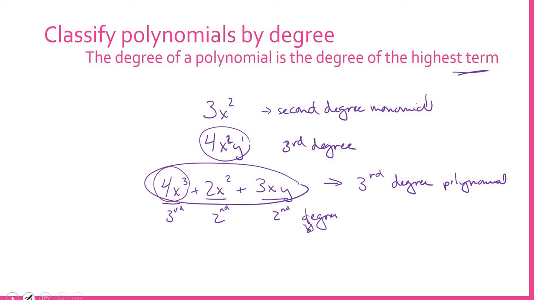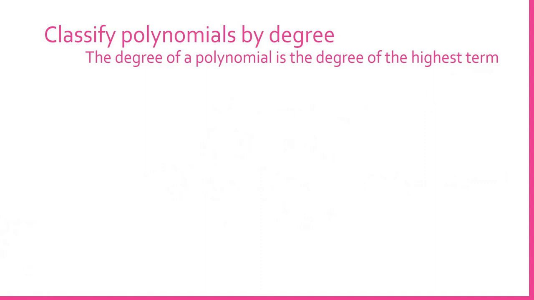Some of these have special names also. I'm going to go ahead and erase this. Your book doesn't use these, but I want you to become familiar with them. A 0 degree term is a constant. How can we have a 0 degree? Well, 4 is 0 degree because the variable, if it was an x, would be x to the 0 power, because that equals 1.